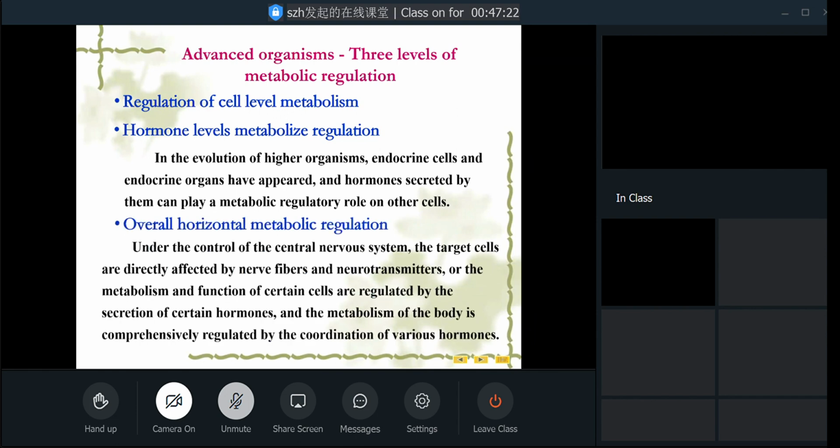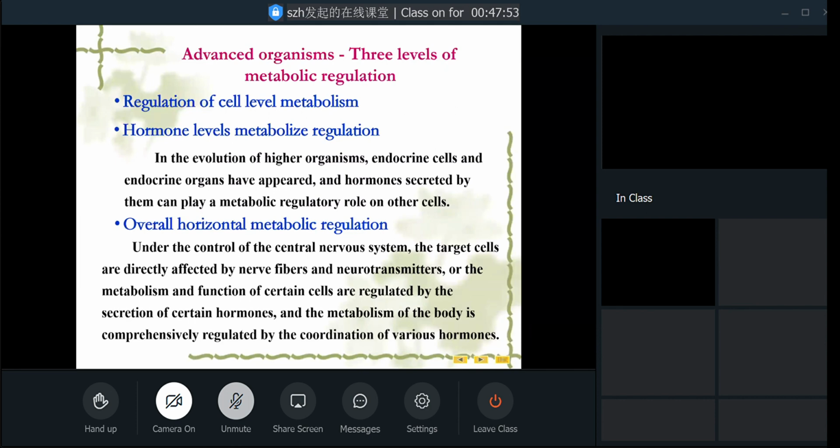And last, the overall horizontal metabolic regulation under the control of the central nervous system. The target cells are directly affected by nerve fibers and neurotransmitters. The metabolism and function of certain cells are regulated by the secretion of certain hormones.